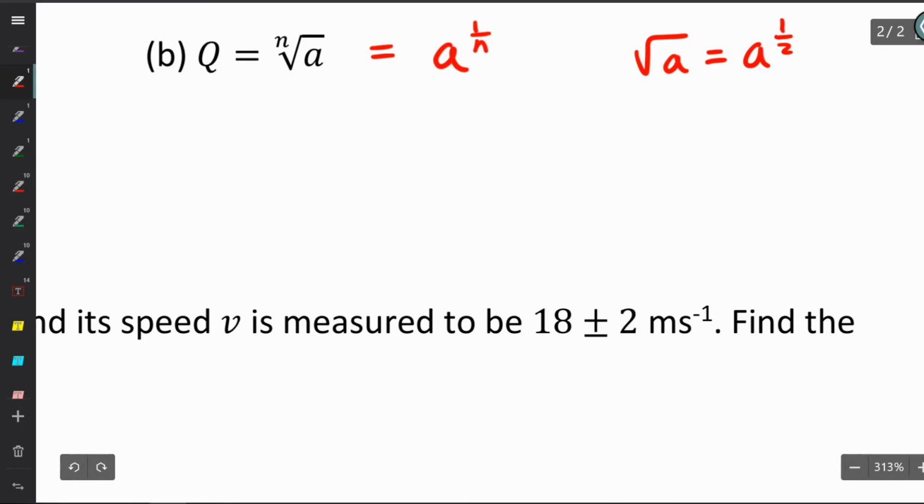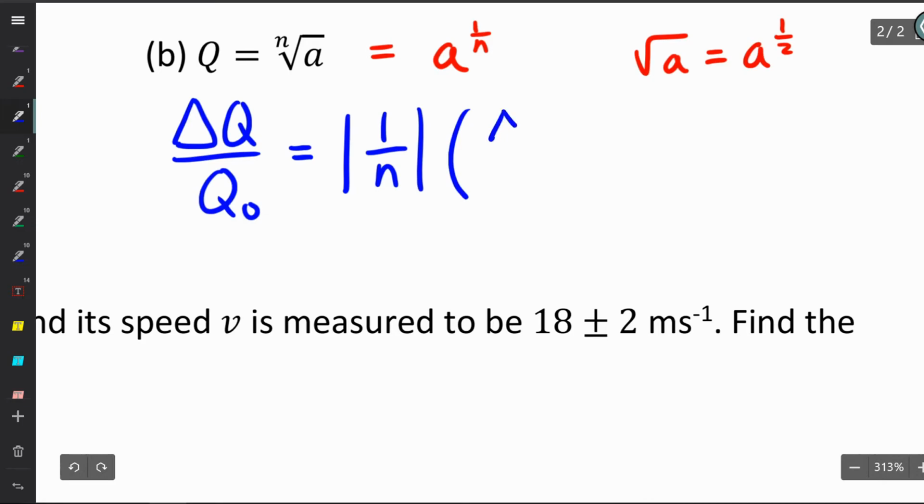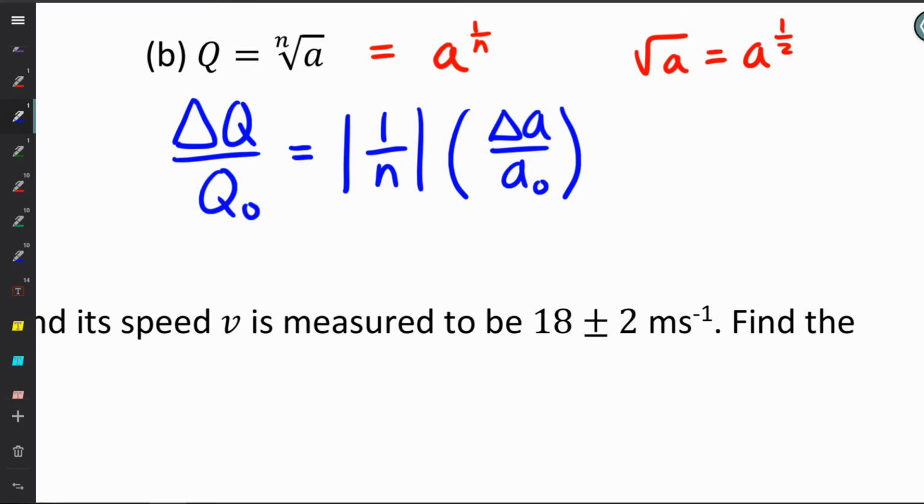If you guys didn't know that, there it is. So what is the fractional uncertainty in this case? Well, the fractional uncertainty of Q is equal to the absolute value of the power, which is 1 over n, times the fractional uncertainty in A. Just like that. Let's do an example.